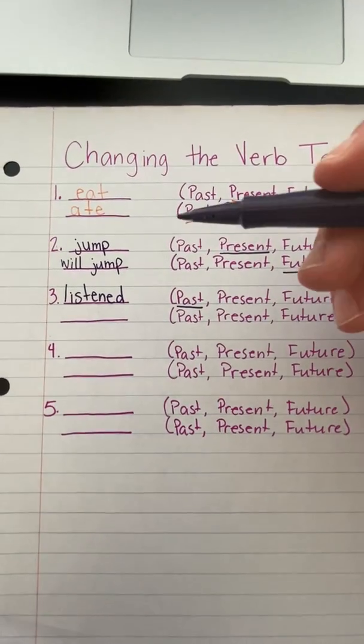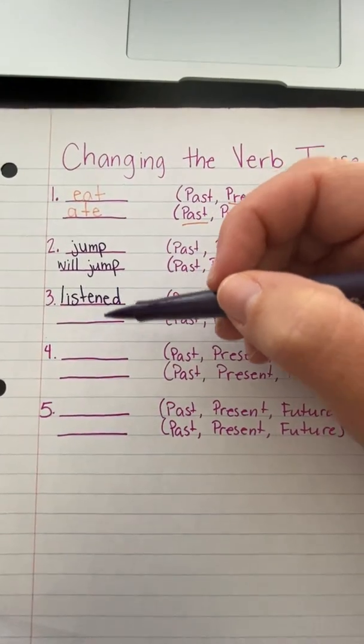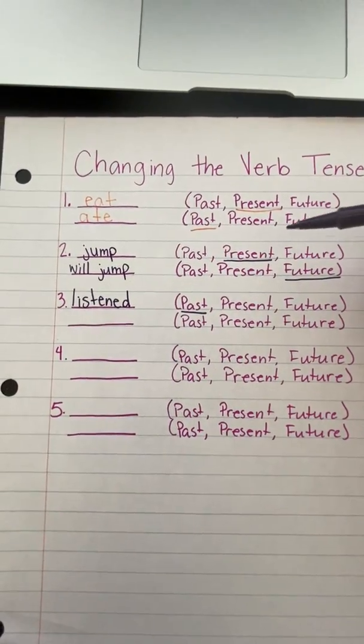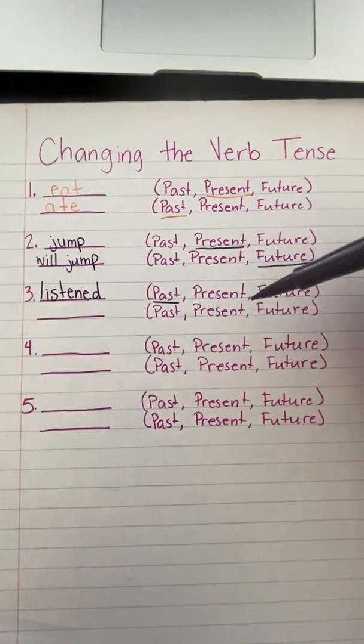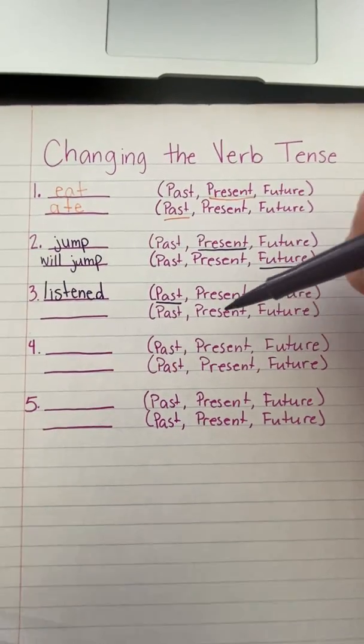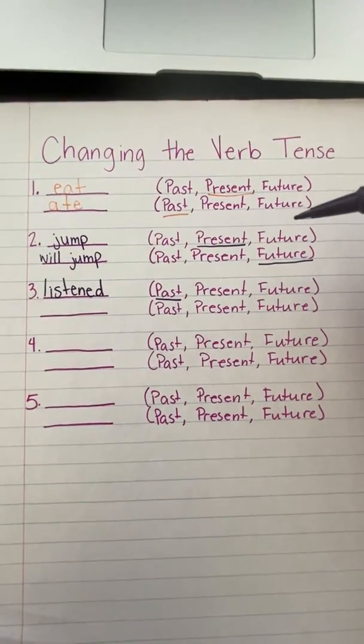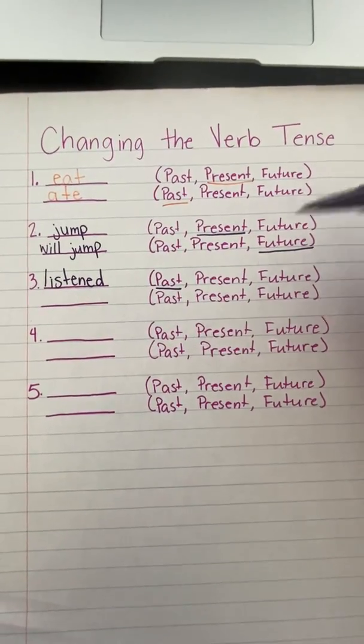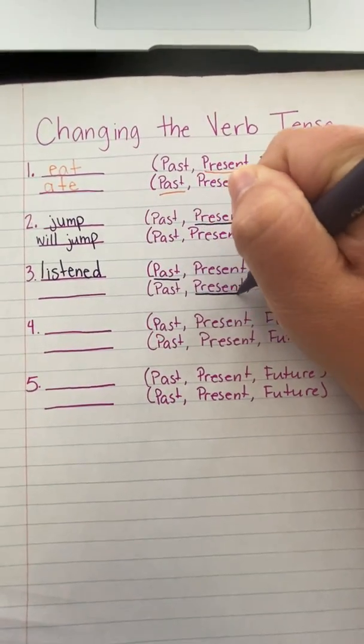To do that, I can say listening for present tense, meaning today I'm listening to instructions, or I can change it to future tense. Tomorrow I will listen. Your choice on what you want to change the verb tense to. I'm going to change it to present tense, ongoing present tense. So I'm going to say listening.